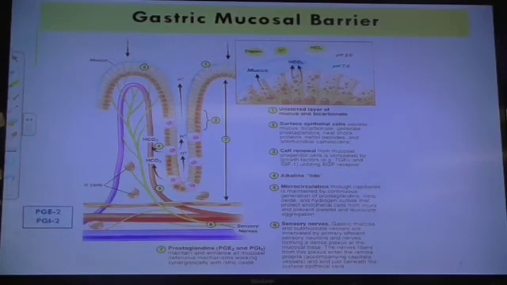The surface epithelial cell is going to secrete mucus, bicarbonate, and also prostaglandin. And they need to line up to cover the stomach lining. And this cell has a very rapid turnover rate of growth.